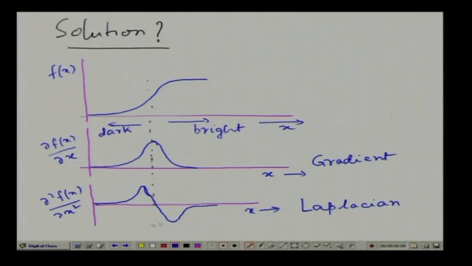And if I compare this Laplacian, you find that on the bright side of the edge, the Laplacian becomes negative, whereas on the dark side of the edge, the Laplacian becomes positive. So, by making use of this information, we can say whether a point is lying on the dark side of the edge or it is lying on the bright side of the edge.